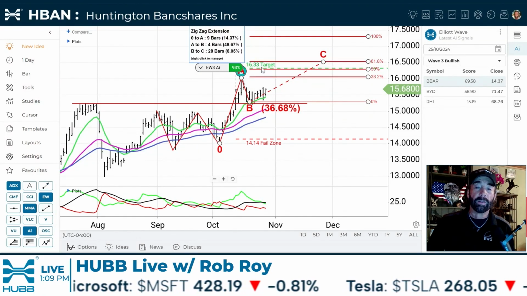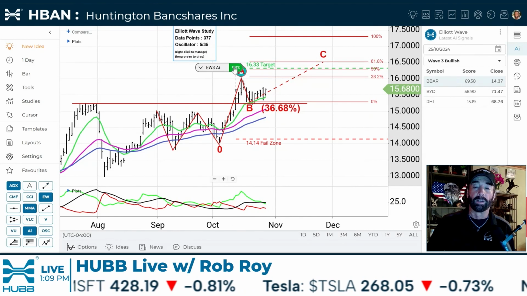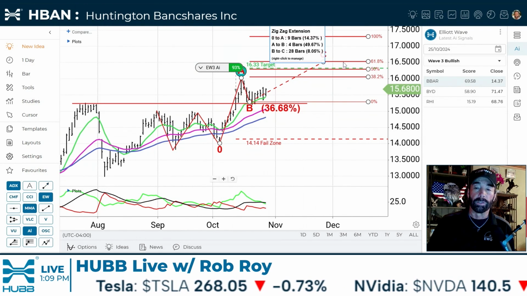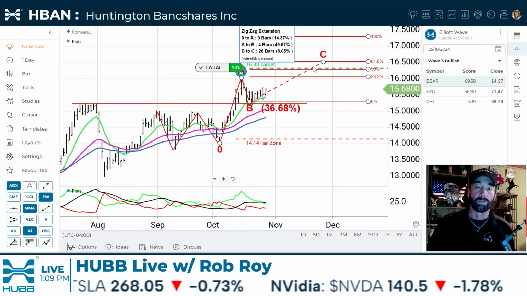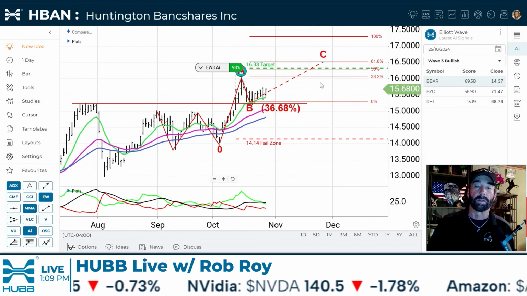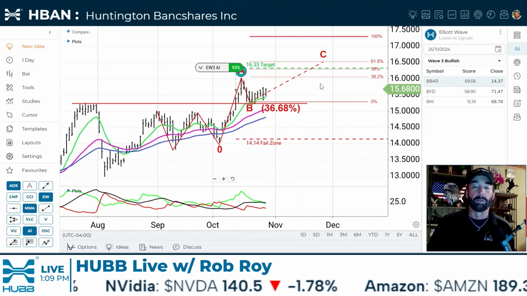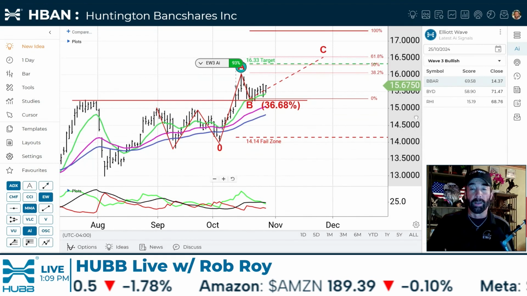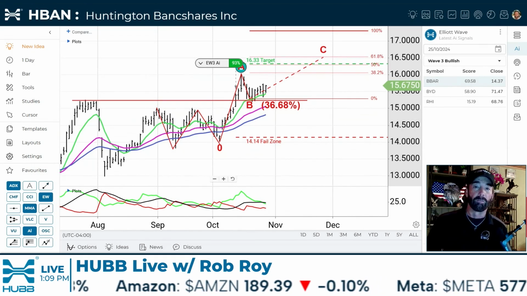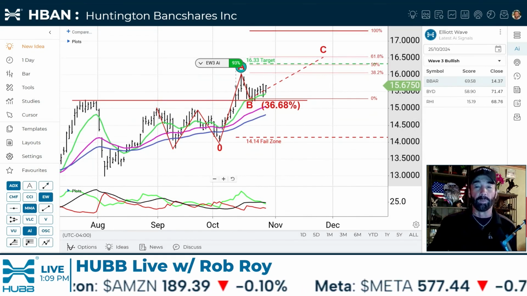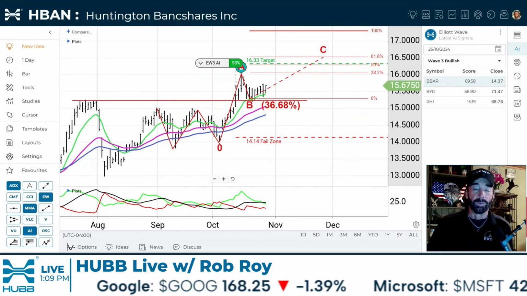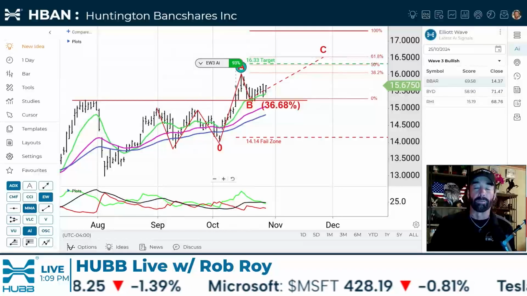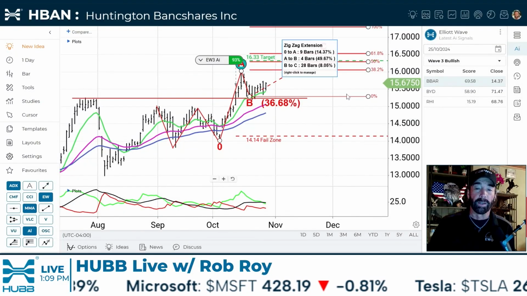And that's what we should get here. In this case, you can see where the AI target is, and it's below where the C wave extension is on the zigzag. So we should hit the AI target before we hit the zigzag target here. So I kind of like that, because I put a lot of faith in the zigzags as well, not just AI. I believe a lot of them in both. I was trading for a number of years these directional zigzags before we AIified them, or HUBB AIified them for us, I should say.